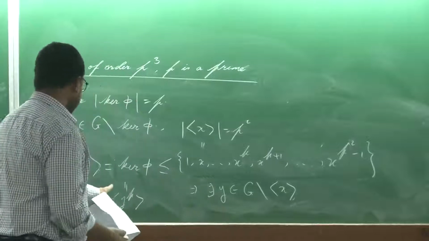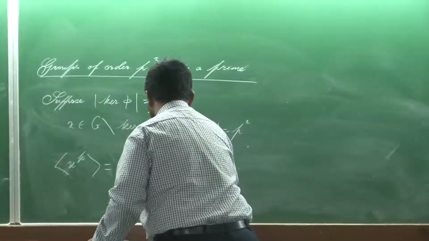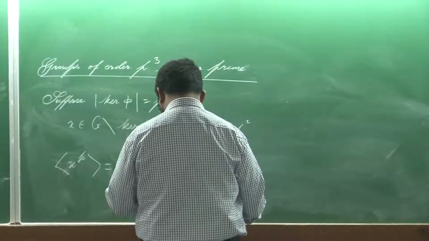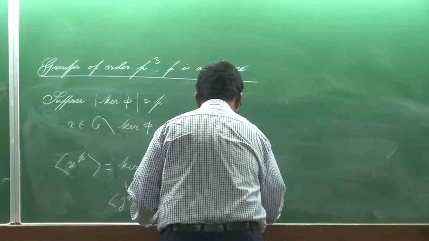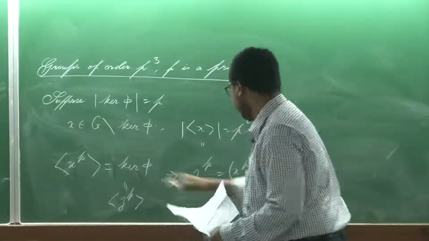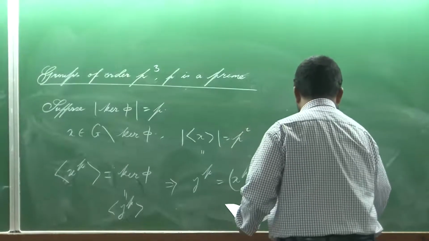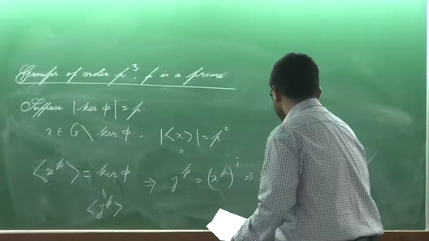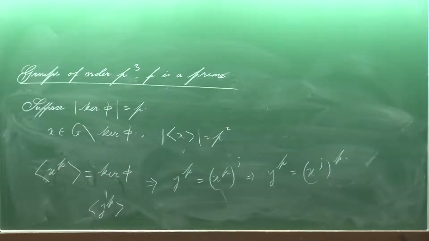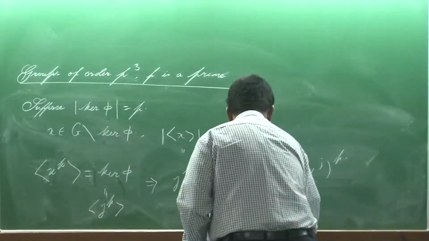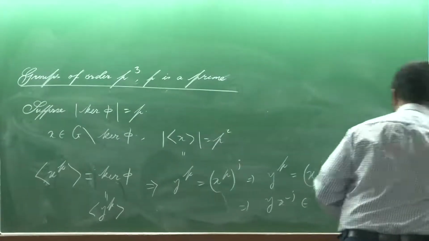Okay. So what does that give us now? Let me write it here. This implies that y to the power p must be x to the power p times some j, and that implies y to the power p is some x to the power j times p. So when both y and x^j are raised to the power p, they are the same, therefore it shows that y x^(-j) lies in the kernel of phi.